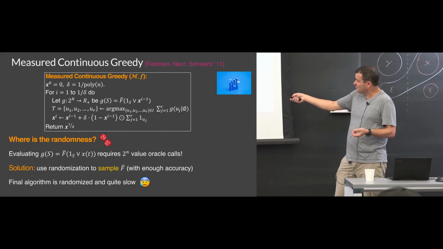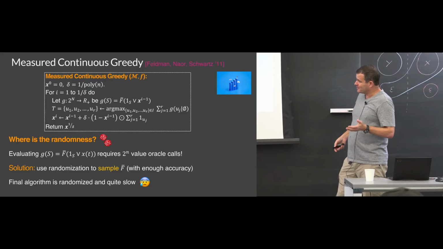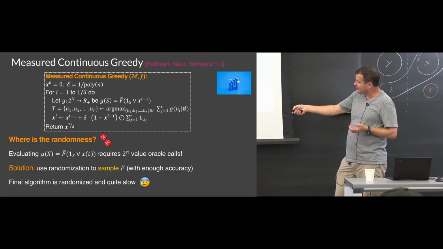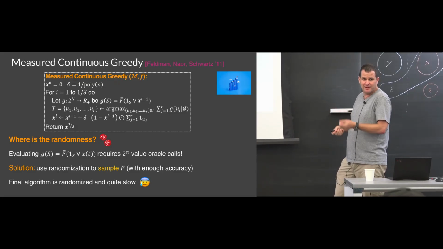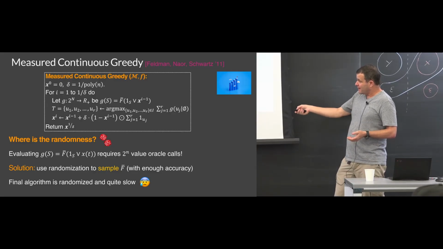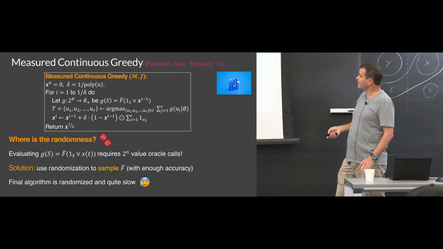So you need 2 to the n value oracle calls. If you use 2 to the n value oracle calls, you can just solve the problem. So you don't want this. So here in the evaluation of g, you just sample the multilinear extension and use Chernoff with some accuracy. And it is shown that this is enough. Then you will get a randomized algorithm and quite a slow one. So this is where the randomization comes in.